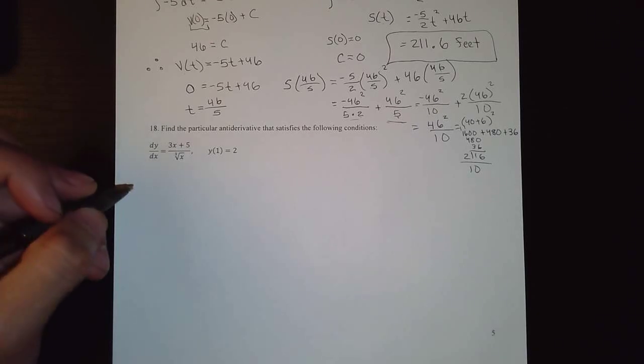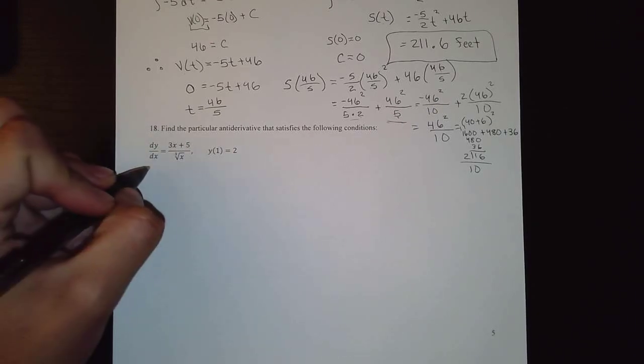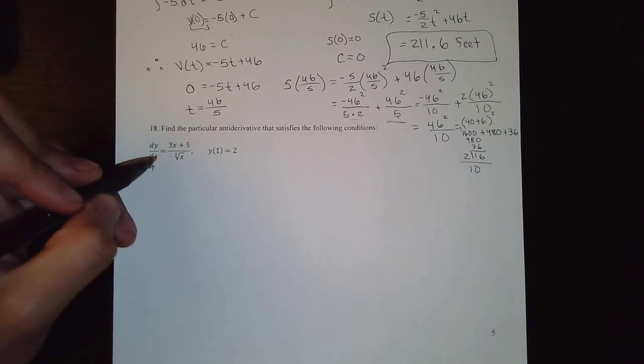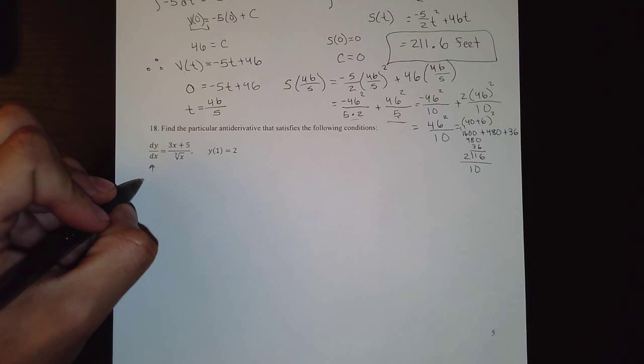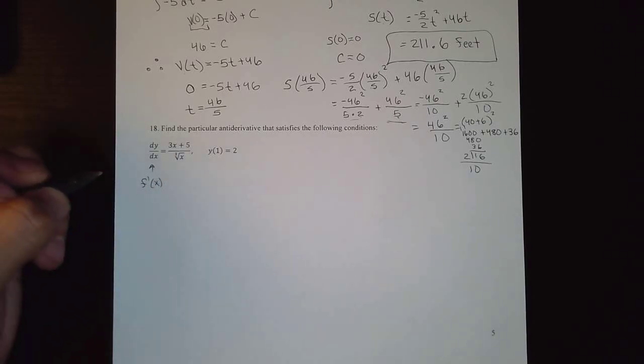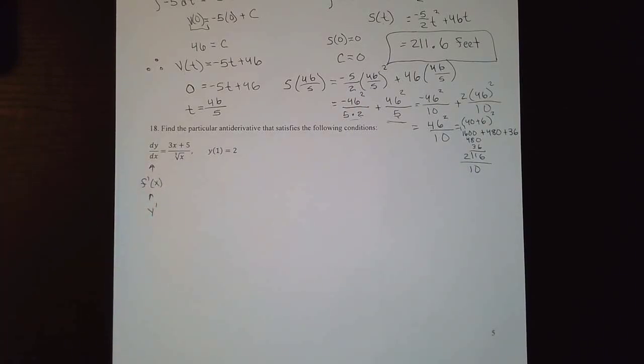The way that I would start this is to acknowledge that this is the same as a derivative. This is the same as f prime of x, or this is the same as y prime. So whichever notation you feel most comfortable using, it's good to recognize that all three of these notations are correct.